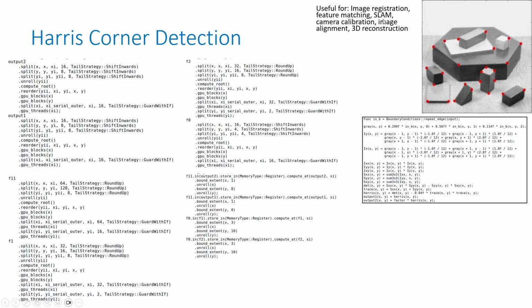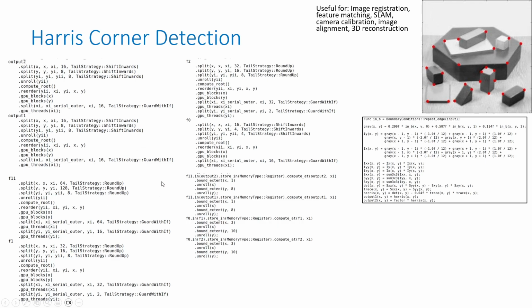It can be used for feature matching, SLAM, camera calibration, 3D reconstruction. So this is a schedule, and you can see that coming up with this manually is kind of painful. This is the algorithm and this is the schedule, so you can see the separation of algorithm and schedule at its best right here.